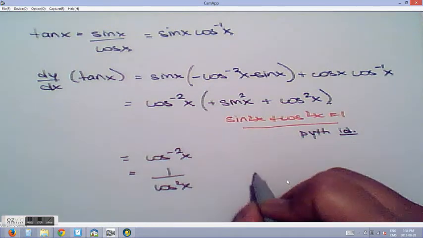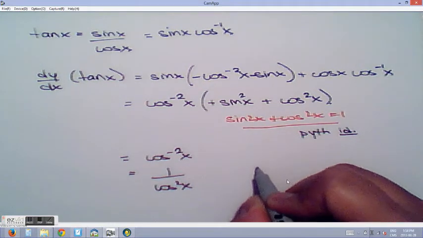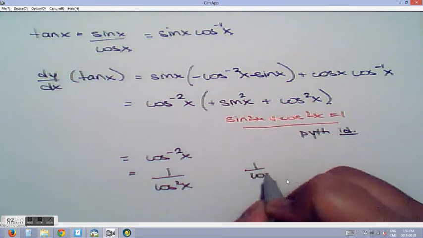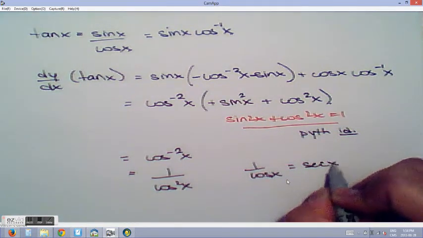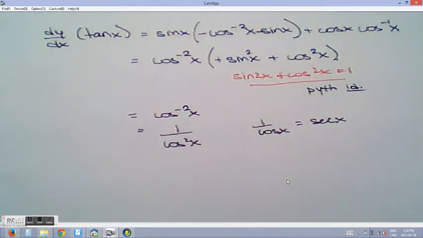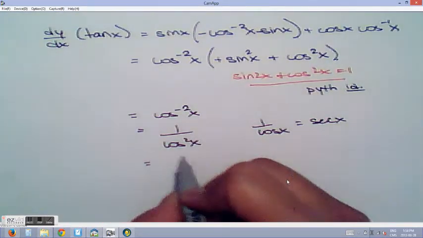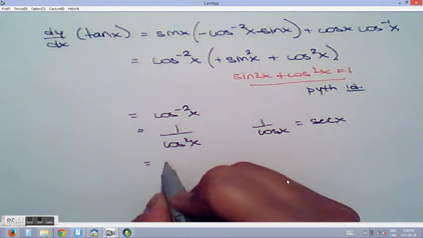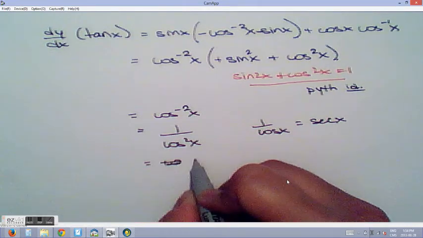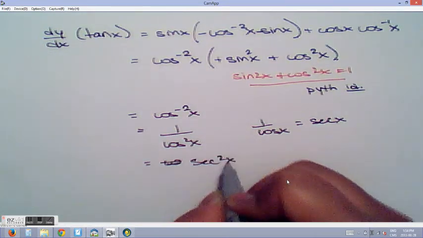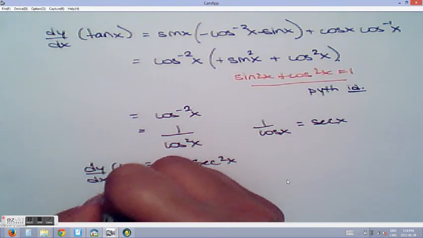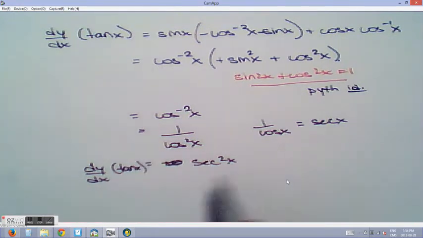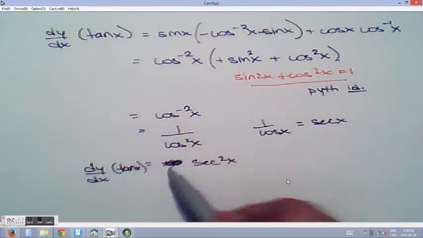So remember that 1 over cosine x is actually equal to secant x. So what I can say here is that is equal to secant squared x. So the derivative, dy by dx of tan of x, is equal to secant squared x.